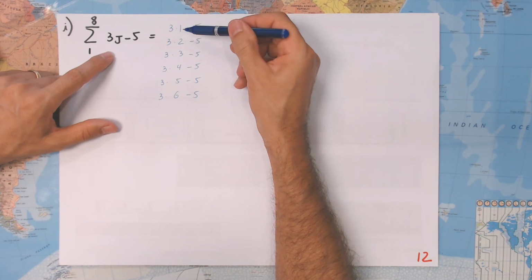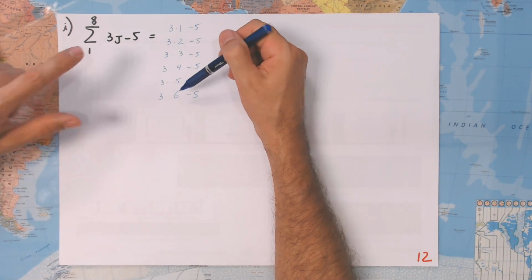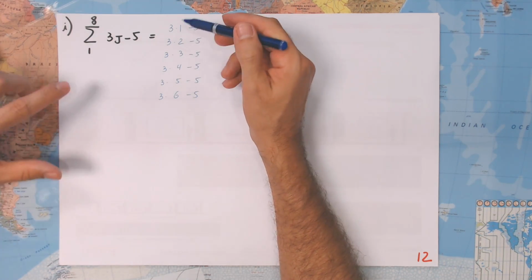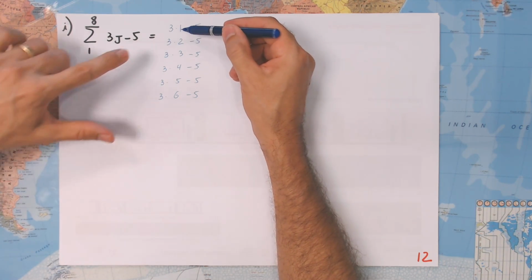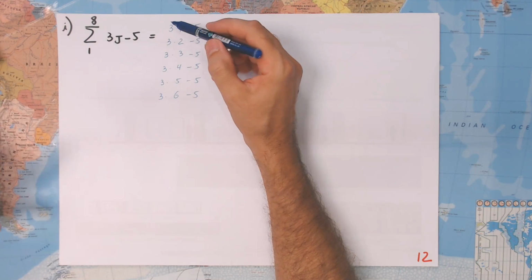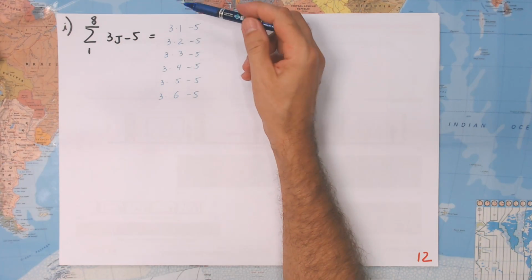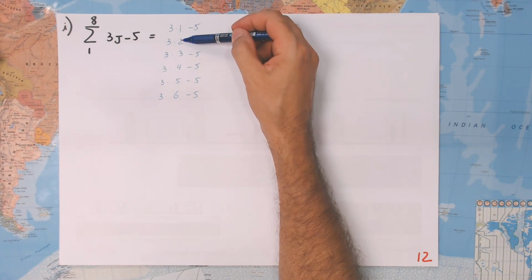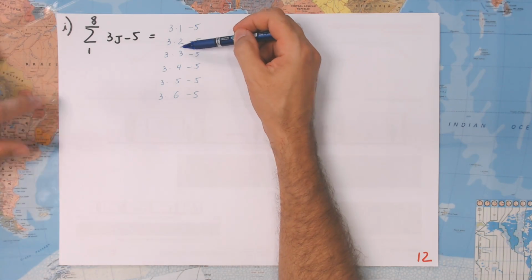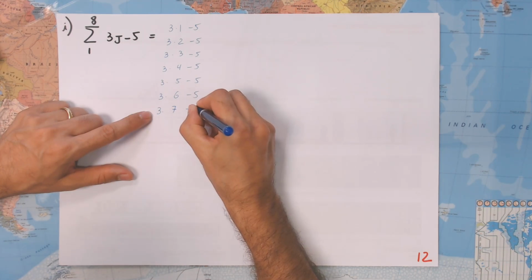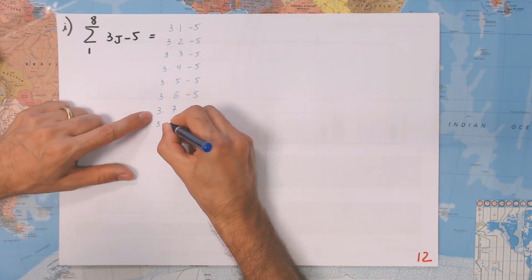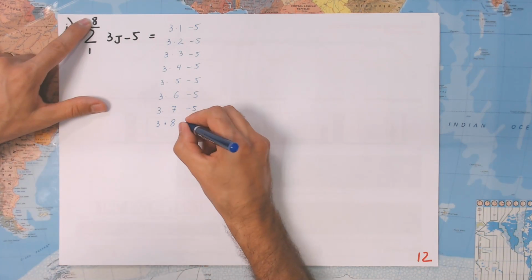Why am I adding in here? Because I have to make the increment. Every time I change the term, I make an increment over j of 1. So this is j1, j2, j3, and so on. I'm going to go to j7, and the last one, j8. This is the last one.